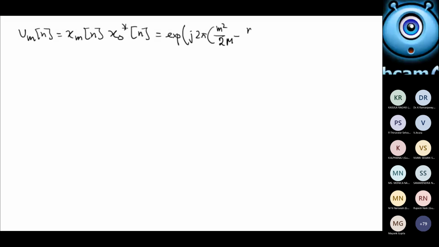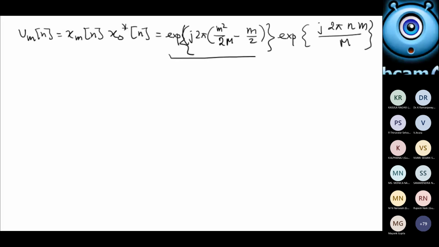So Vmn, which is xmn times the complex conjugate of the basic chirp, that is the phase term, which is j2 pi (m squared by 2M minus m by 2) times exponential j2 pi nm by capital M.